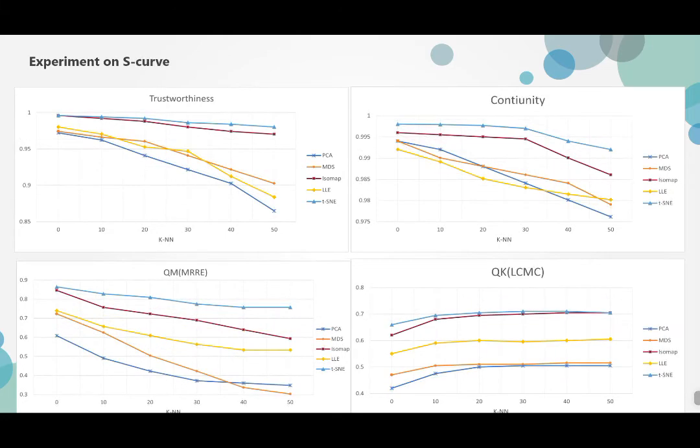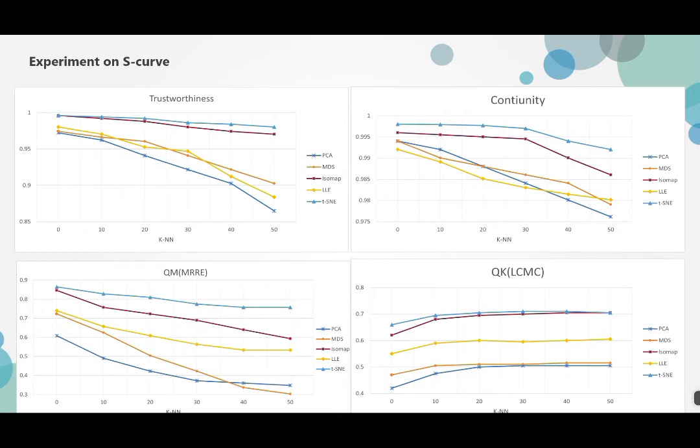And then, we see that the algorithm t-SNE has the highest score in each metric and PCA has relatively bad performance, which is the same as our judgment from the visualization.